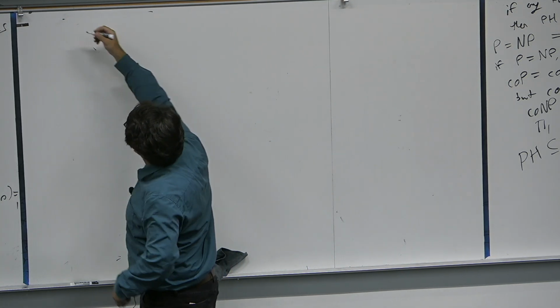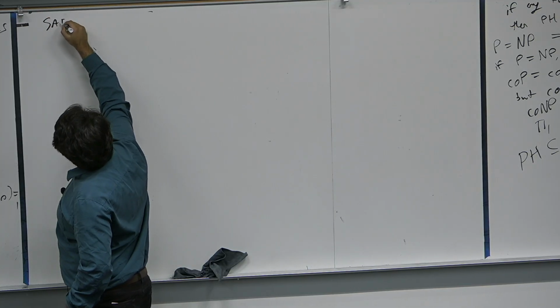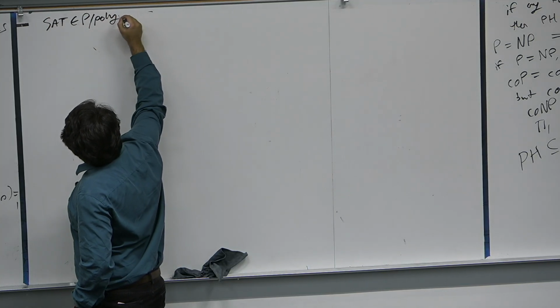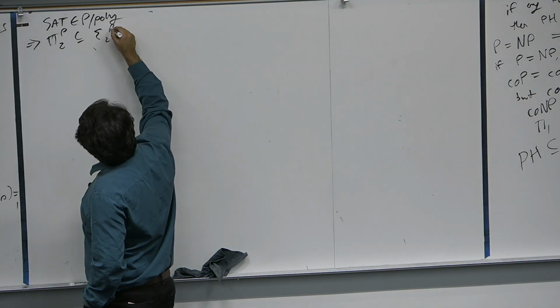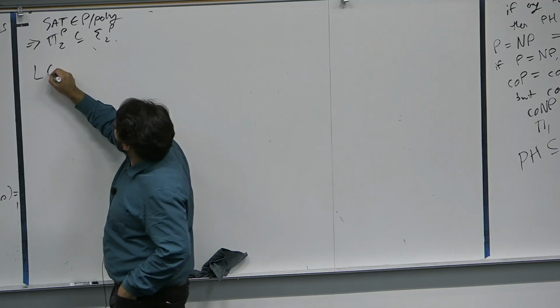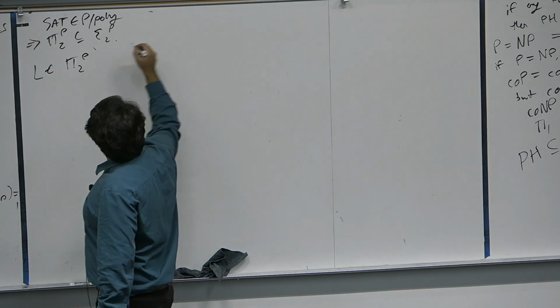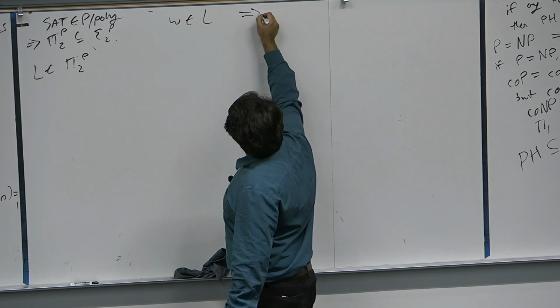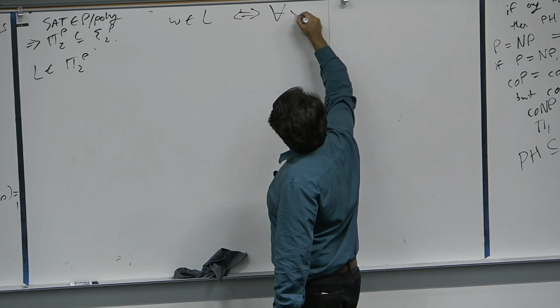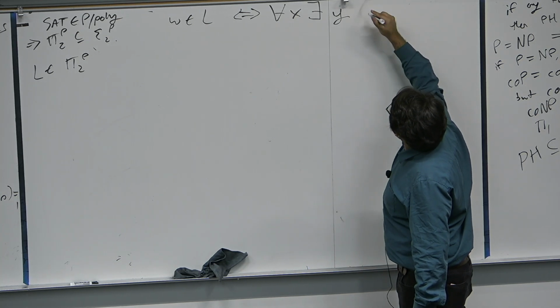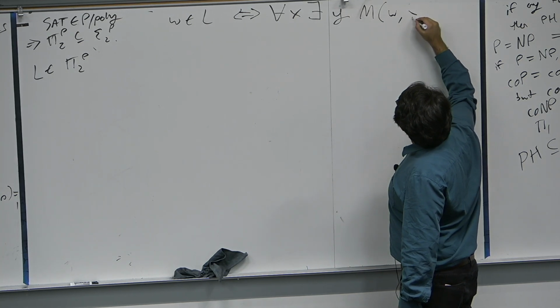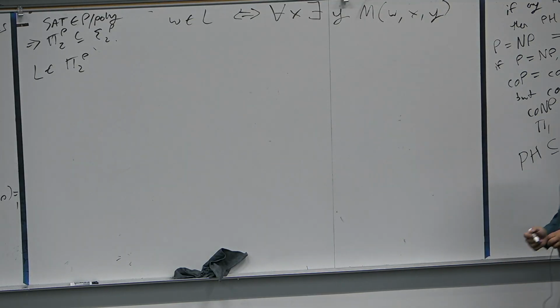So what we want to prove now is that if SAT is in P/poly, again, that implies that pi 2 P is contained in sigma 2 P. So let L be in pi 2 P. That means that w is in L if and only if for all x there exists a y such that M(w, x, y) accepts, right? Now, how can we use the polynomial size circuit family here to modify this?